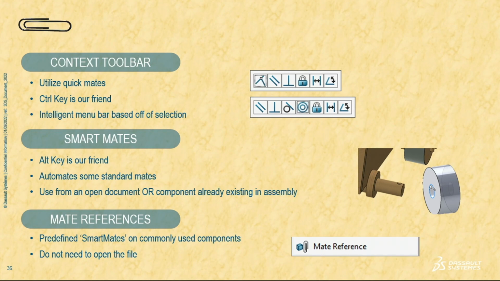I have a question about that mate reference. Did you have to name the mate reference you create with the same name as the mate reference in the part you're going to mate to? No, the assembly didn't have anything with a mate reference.